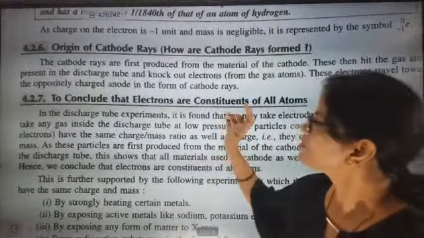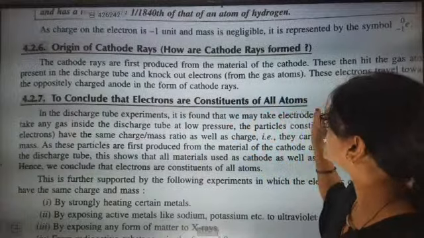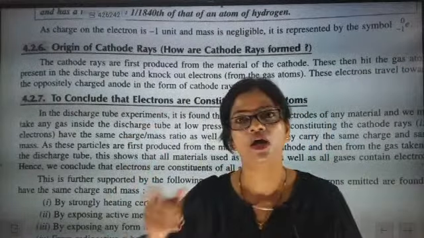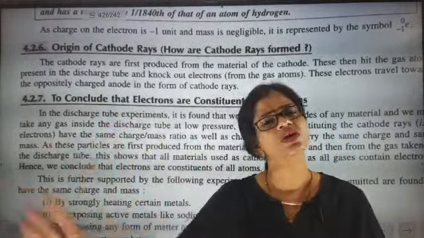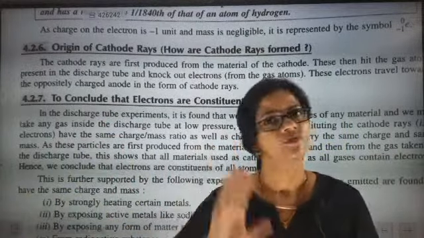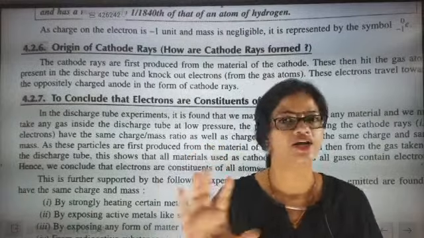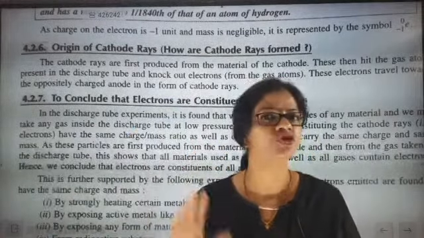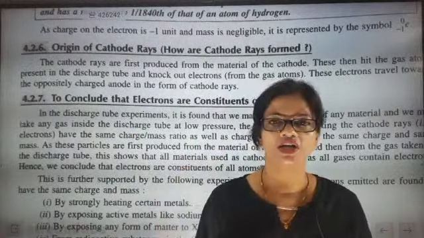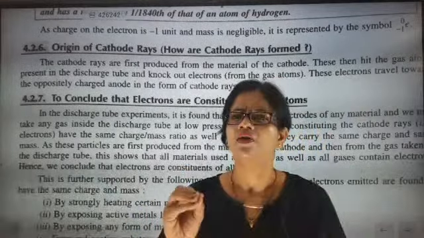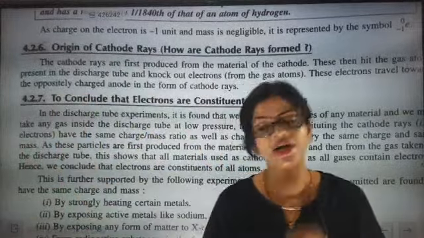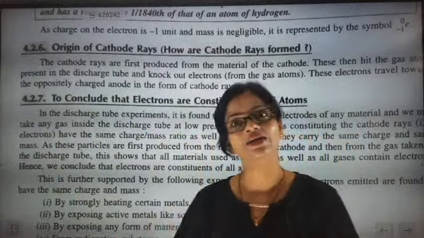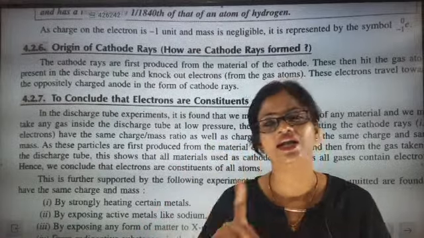So now to conclude that electrons are constituents of all atoms, we should say that all atoms contain electrons. We know that atoms have charges, but what type of charges atoms are having, we have to fix that. Now we have concluded that atoms definitely have negative charge.